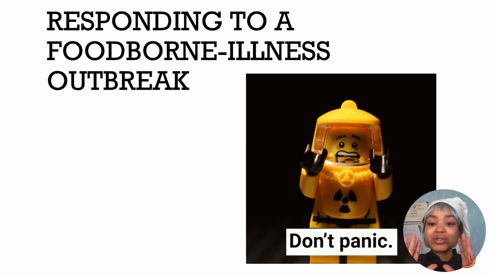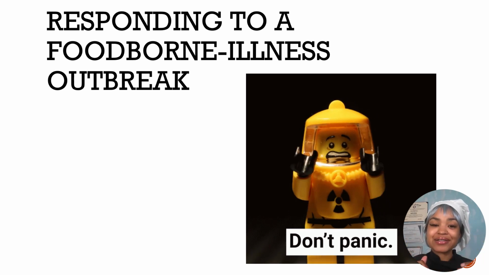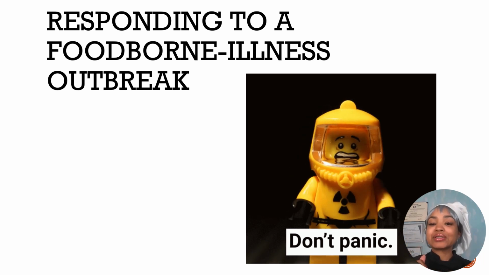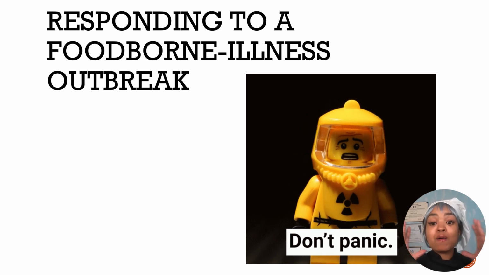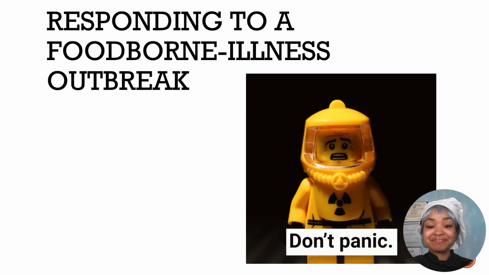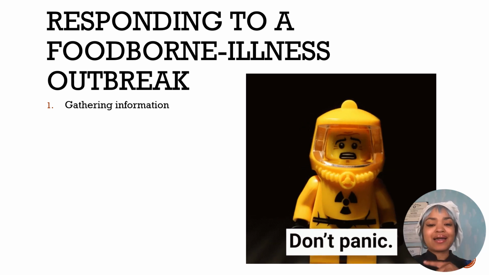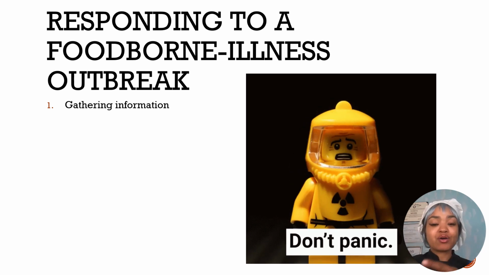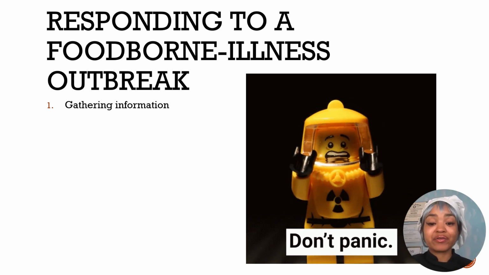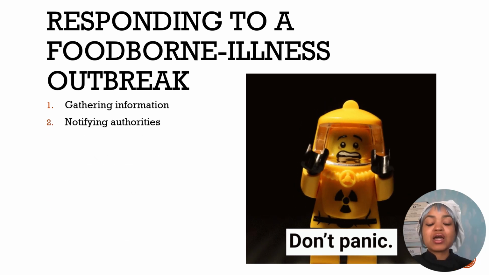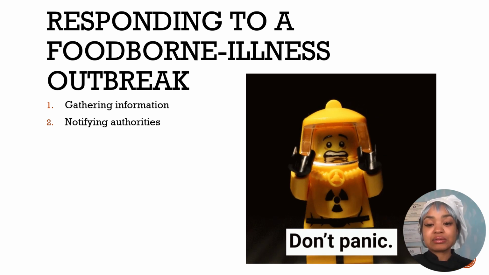So, what to do when you're responding to a foodborne illness outbreak? Easier said than done, but don't panic. First, gather information, check all your logs, talk to all of your staff, even some of your clientele if they're still there. Notify authorities.